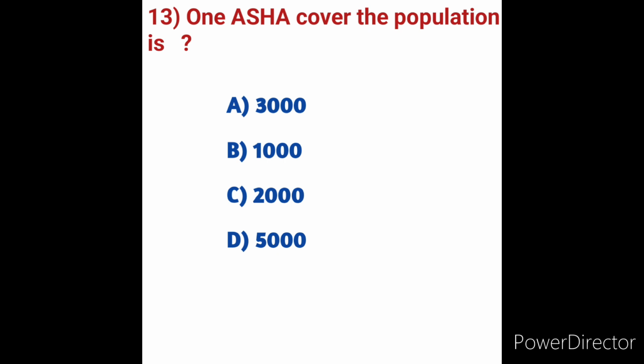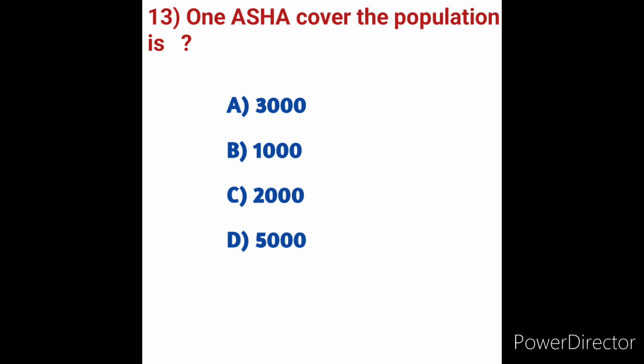ASHA and Anganwadi workers are denied government employment and are instead classified as honorary volunteers under their respective scheme documents. The general norm will be one ASHA worker for 1000 population. ASHAs will be selected in rural areas.